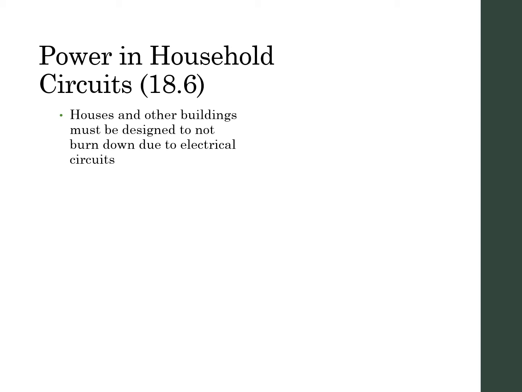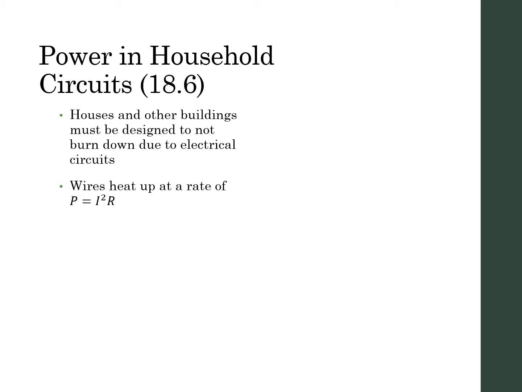So in general, when households or living buildings are designed, you would like it so that your building that you've put a lot of time, money, and effort in doesn't burn down after you leave a light on for about an hour. So people go to school to learn how to design buildings so that they don't burn down from an electric fire.